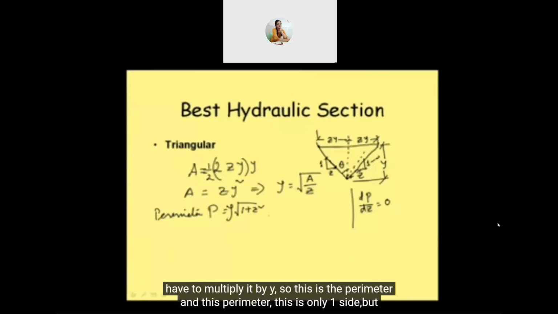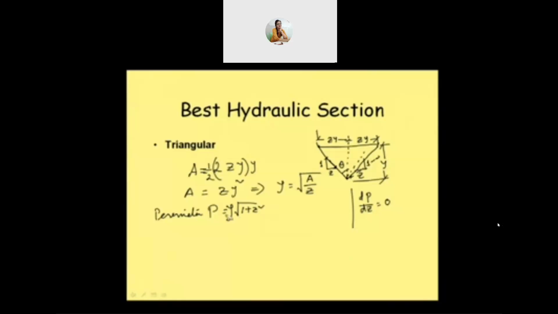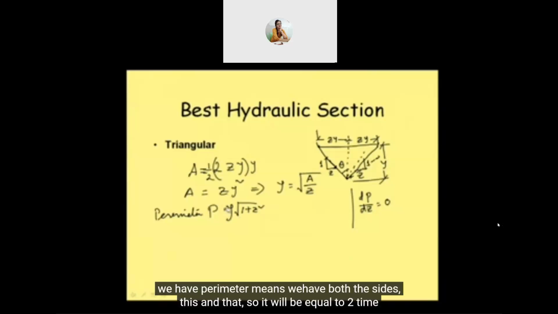This is only one side, but perimeter means we have both sides, this and that. So it will be equal to 2 times y root over 1 plus z square.